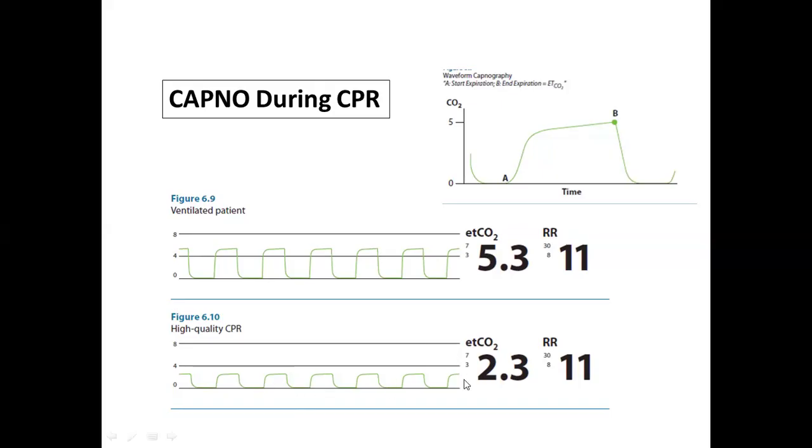If the end-tidal carbon dioxide is between 10 to 20 mmHg, that denotes good chest compressions. 10 to 20, right? So indirectly, we can get evidence of good chest compressions, whether we are doing a great job during CPR, by looking at the capnography tracing.